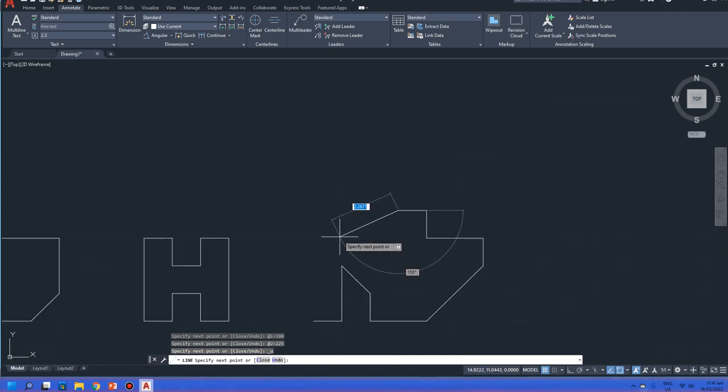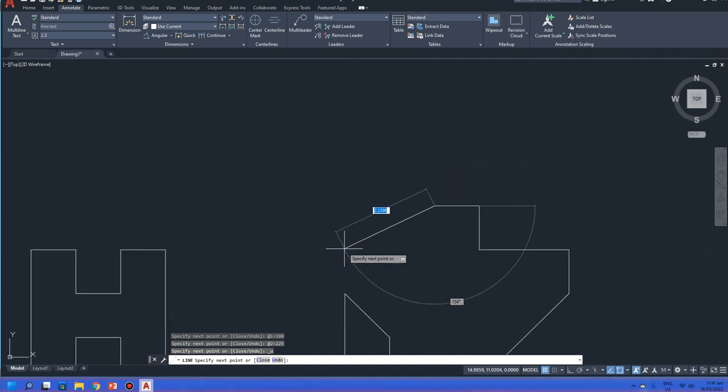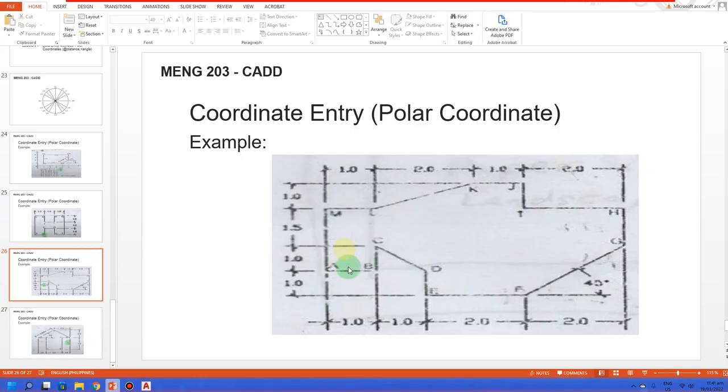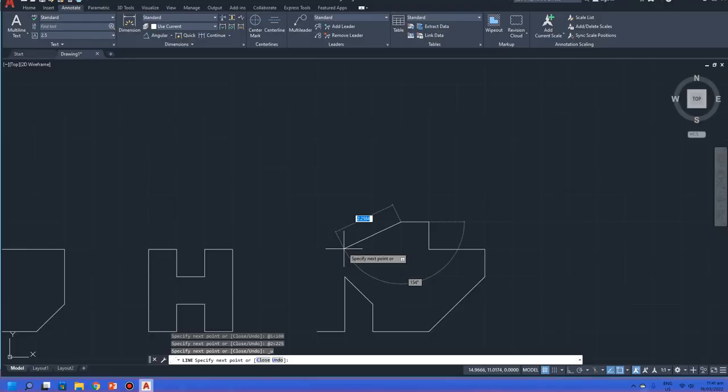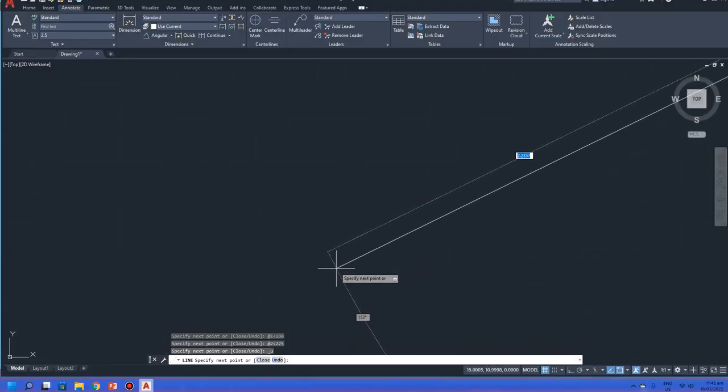Okay, so I can specify the distance here. Let me just do it manually. Let me click here.